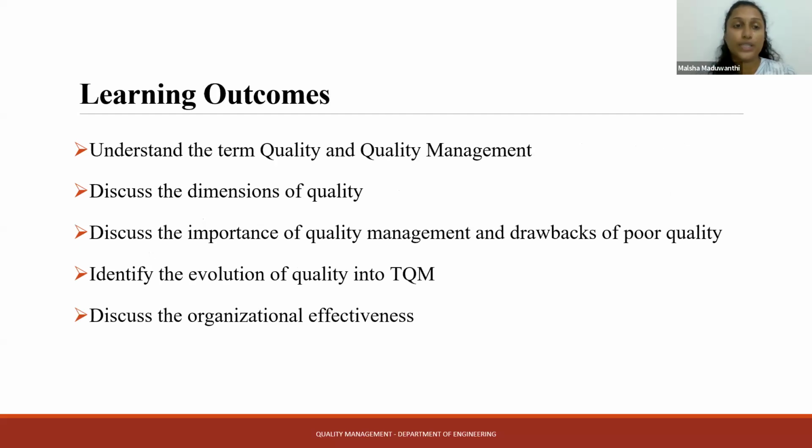So these are the learning outcomes. At the end of this module, you will be able to understand the terms quality and quality management. We will also discuss the dimensions of quality under this first chapter, and the evolution of quality management, starting from quality assurance, quality controlling, and so on, up to total quality management.